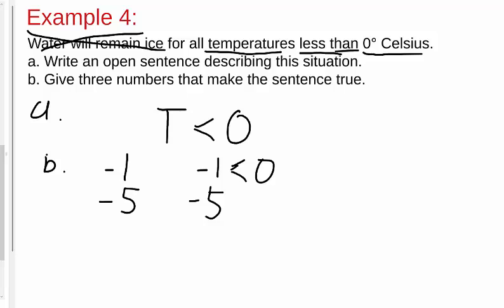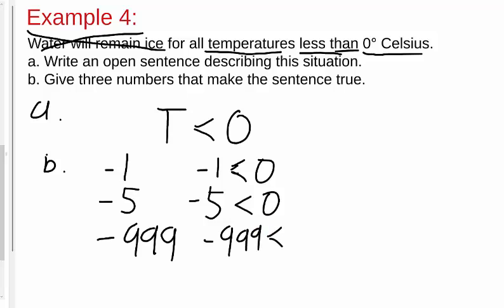We rewrite that: -5 is less than 0. We could say -999. Not that it would ever get that cold, but -999 is also less than 0. Those are 3 numbers that make it true. Again, not too bad.